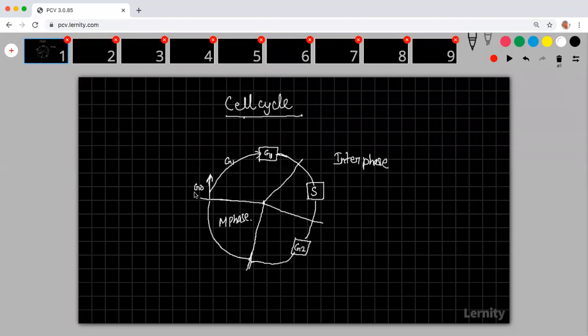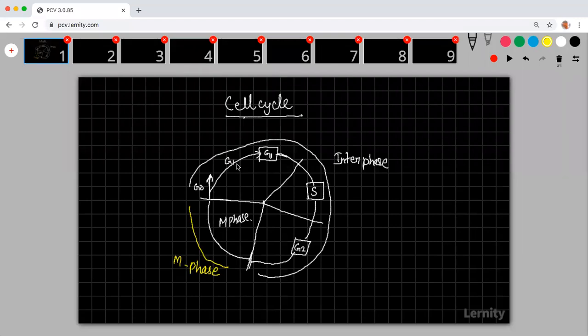So G0, G1, S, G2, all these things come under interphase. And then the second half is called the M phase. M phase is when the cell division actually happens.